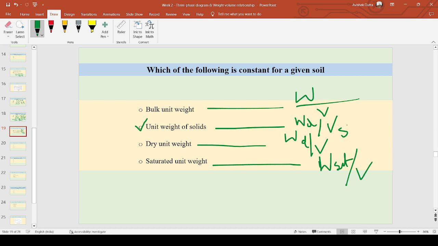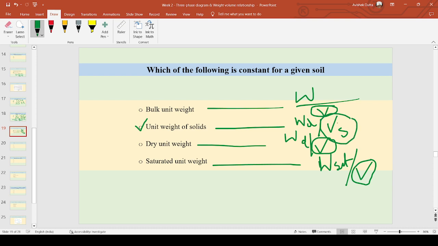You are trying to imply that everywhere else we have V as the denominator. See, here it is V, here it is V, here it is V. V means total volume of the soil, also including its voids. Now the voids might change because there can be compaction, there can be increment in water percent, whatever it is, but volume of soil solids won't change, right?